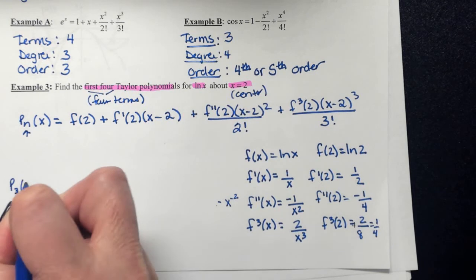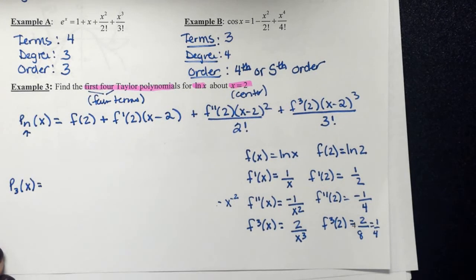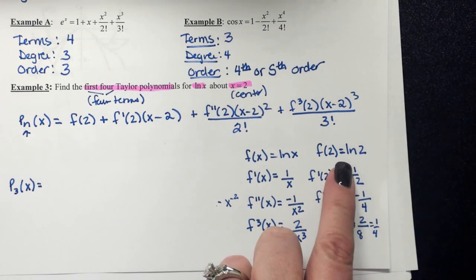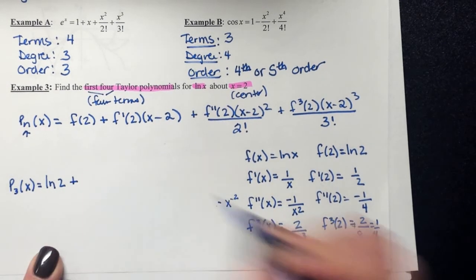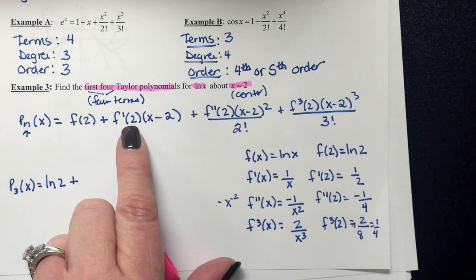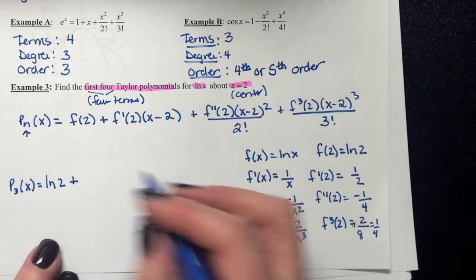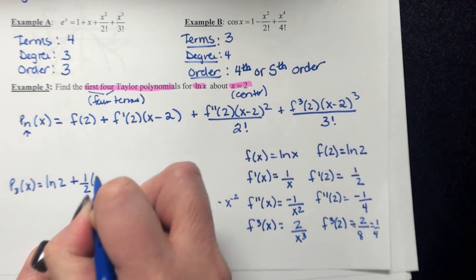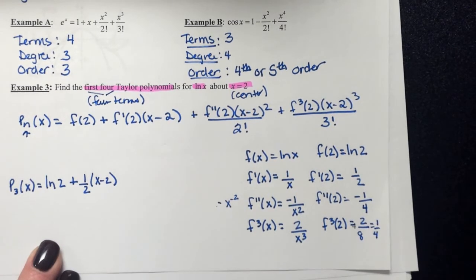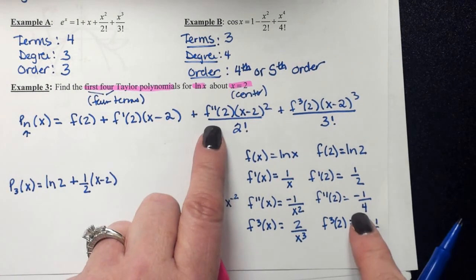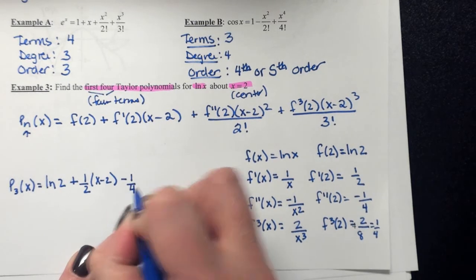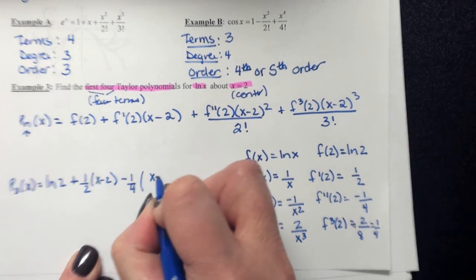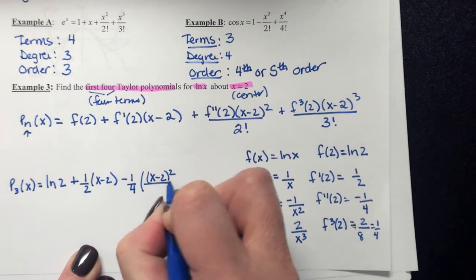So P sub 3 of x is going to be equal to, we found f of 2 to be natural log of 2, so I'm going to plug in natural log of 2 for f of 2, plus I found the first derivative at 2 to be 1/2, so that's going to be 1/2 times x minus 2. The second derivative at 2 was negative 1/4, so this is going to be minus 1/4 times x minus 2 squared all over 2 factorial.